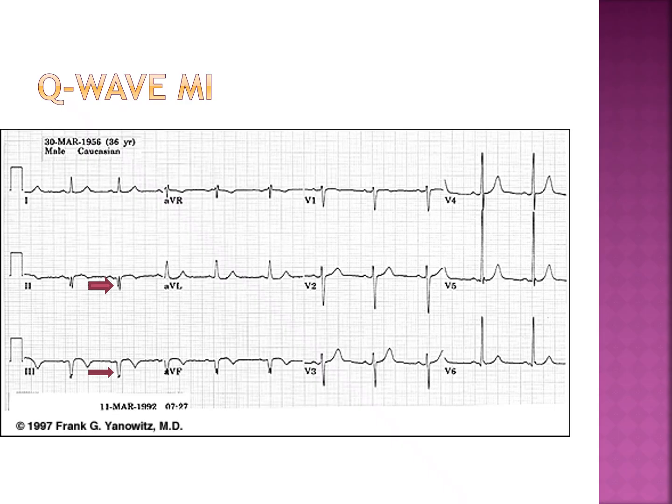That's our Q waves occurring there. Notice we don't see them anywhere else. So we can say for sure that we've had an inferior MI somewhere in the past. Or the person could be having a Q wave MI now that has just not evolved into an ST elevation yet.